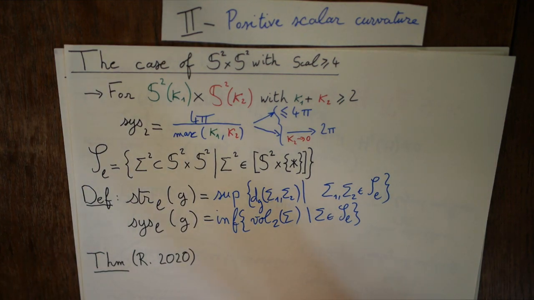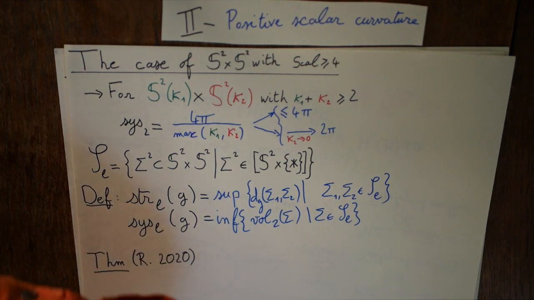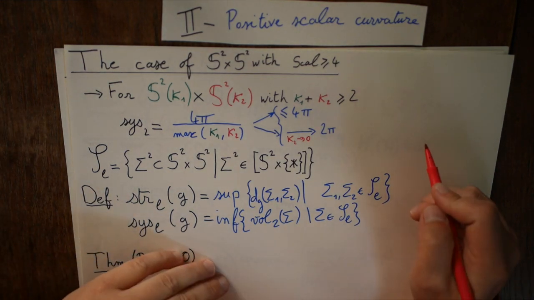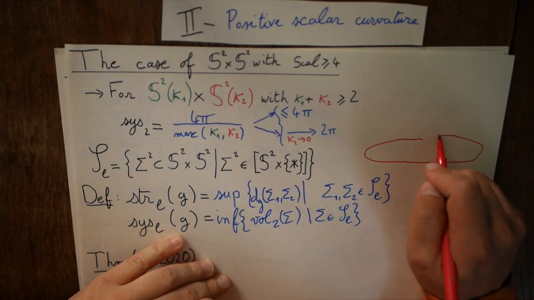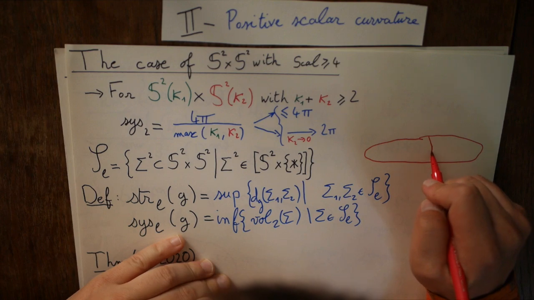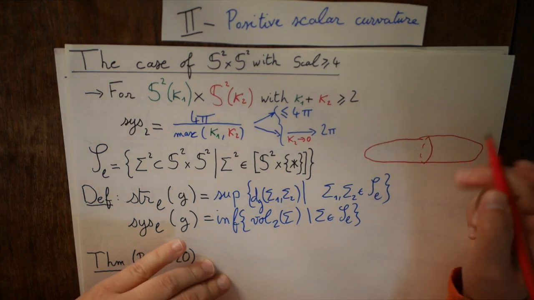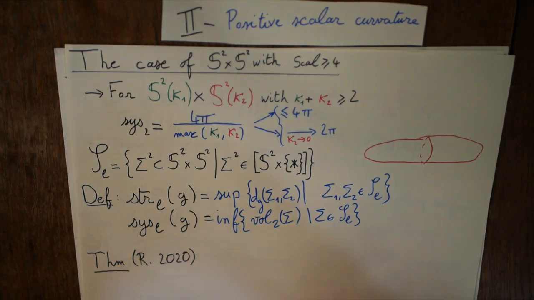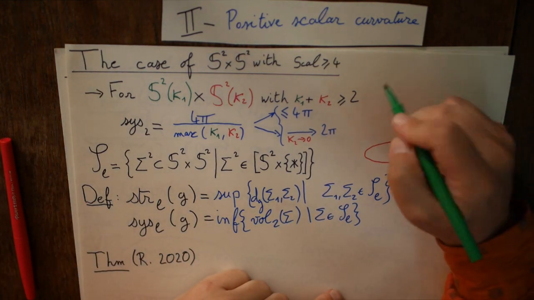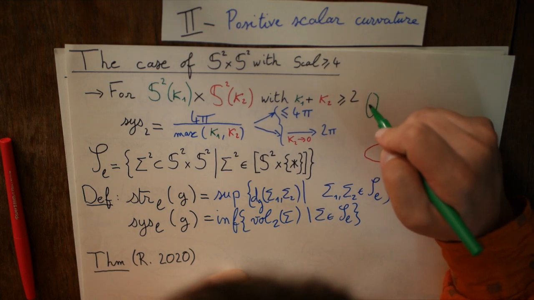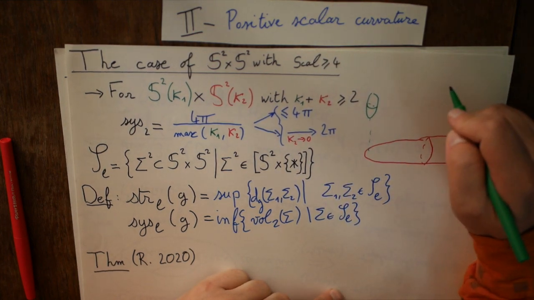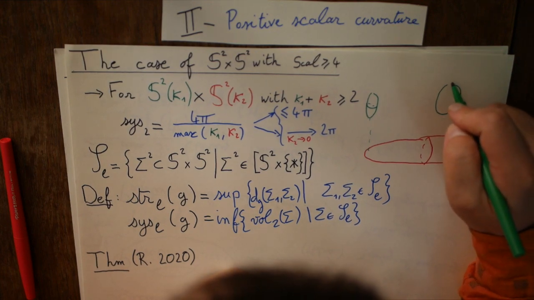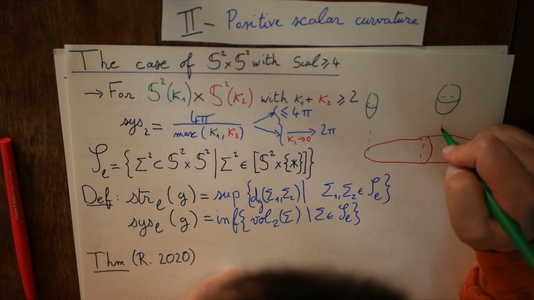So okay, maybe let's give a picture. Assume we have something which looks like a warped product. So this would be the second factor downstairs. And above that, we would have various spheres.